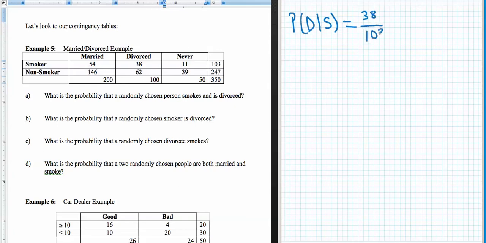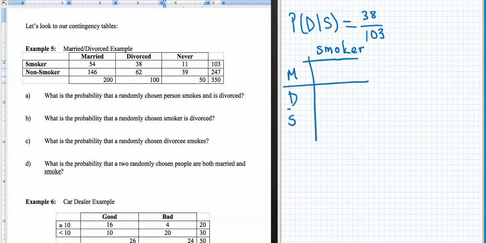And that was a really long way to go about finding this probability, because look at it this way. If I were only saying, okay, here are my smokers, and I have ones that have been married, divorced, and never married, and I had a frequency table based upon just these characteristics, it would be just a table of values.